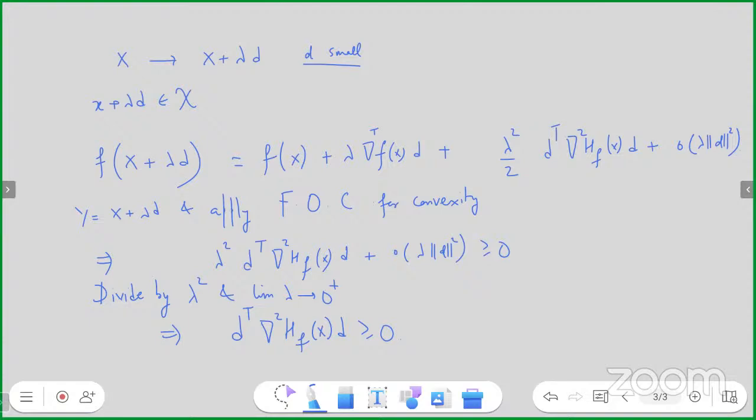The next best choice is x power 4. Now what happens? Look at x power 4. It has second derivative 0 at 0, even though it's strictly convex. So you don't get strict positive definiteness, and you can go back home and see why the proof will not work through. It's important to remember that.